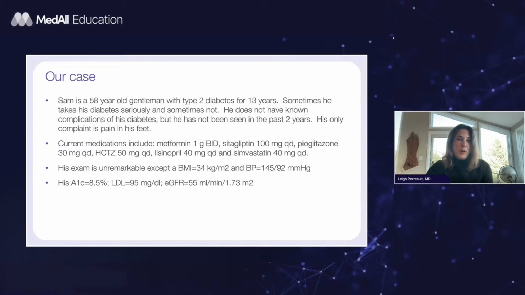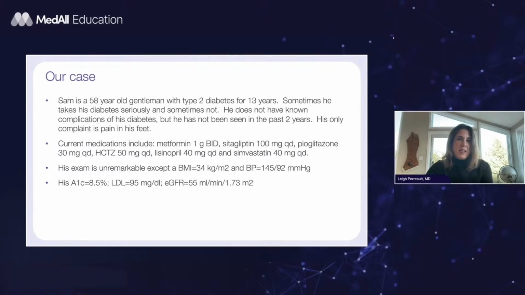His exam is unremarkable except for a BMI of 34, a blood pressure of 145/92, an A1C of 8.5, an LDL of 95, and an eGFR of 55. I just want everyone to take a moment to let those numbers and the final two bullet points settle in.